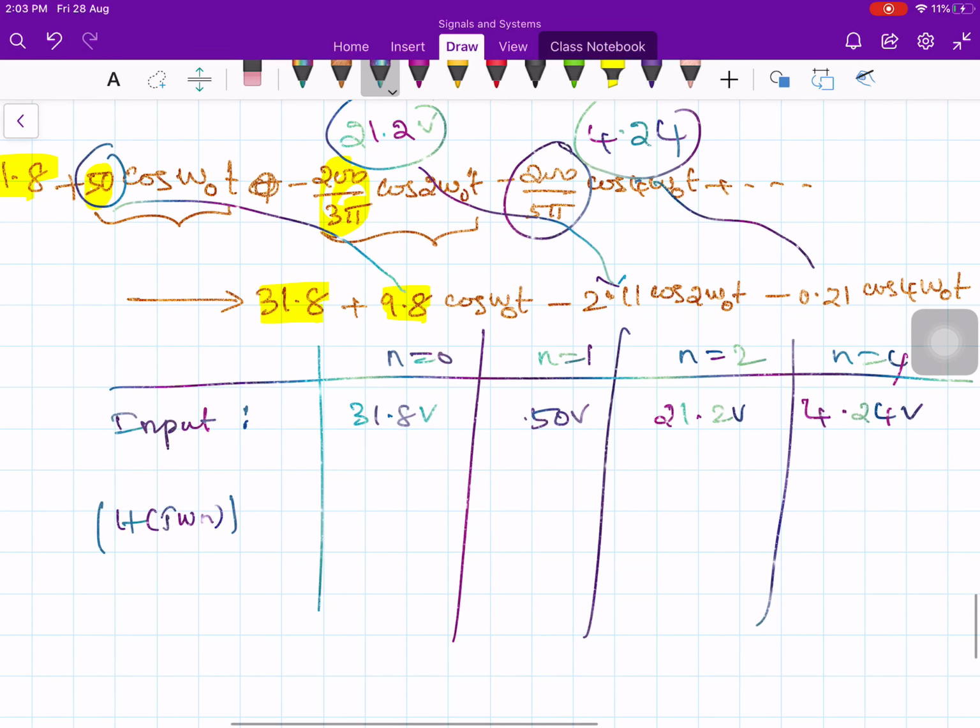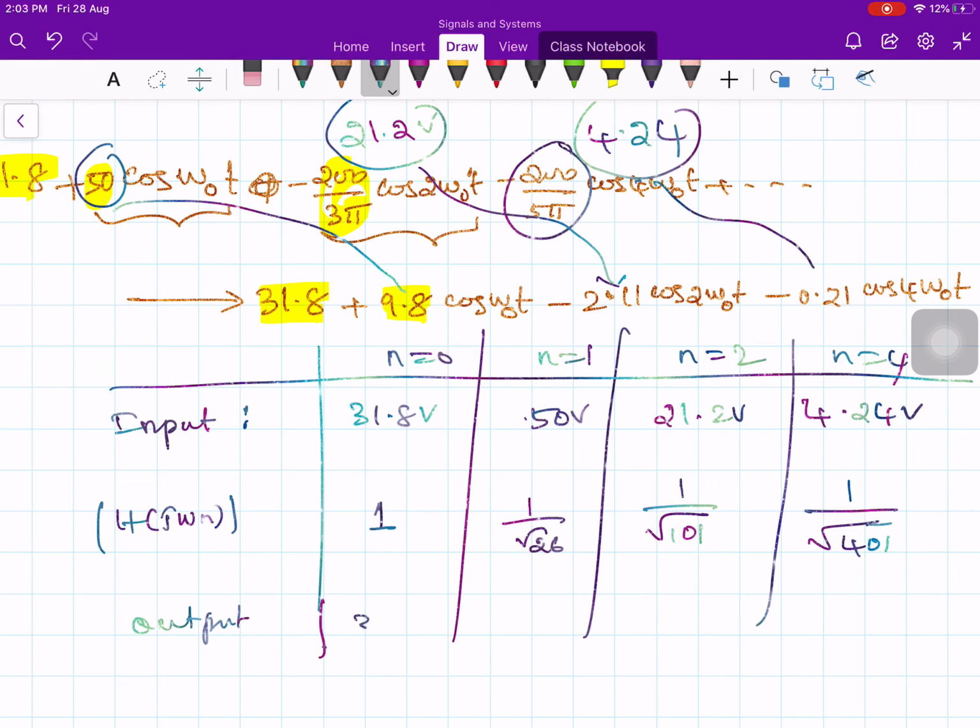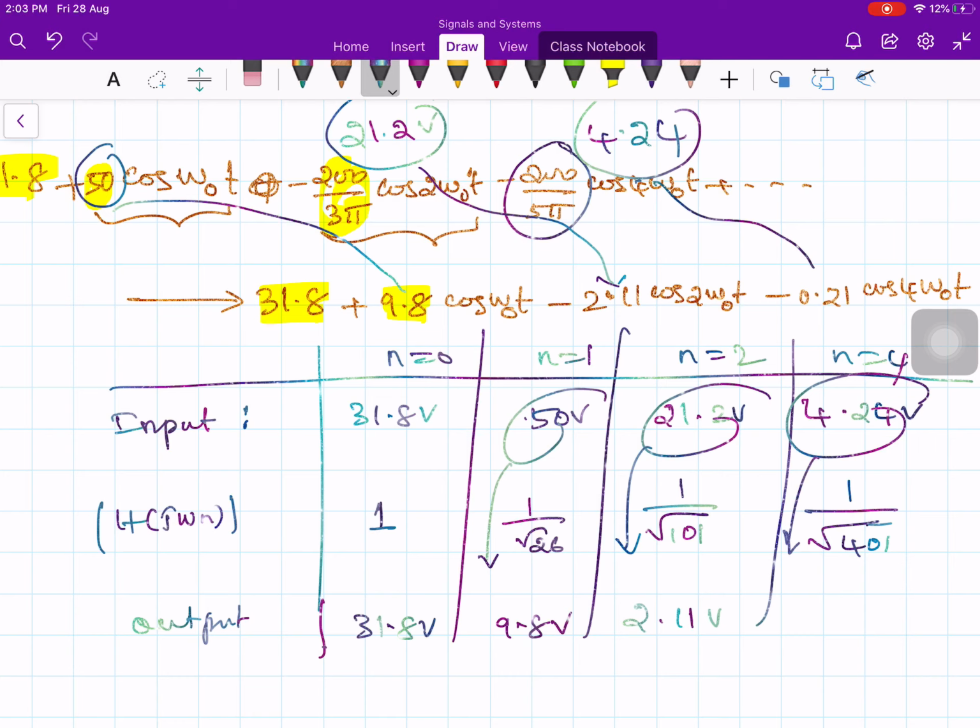So this becomes 1 when n is equal to 0, then 1 over root of 26, 1 over root of 101, and 1 over root of 401. And the output voltage is 31.8 volts as it is. Then this 50 volts becomes 9.8 volts, 21.2 volts becomes 2.11 volts, and this 4.24 volts becomes 0.21 volts.